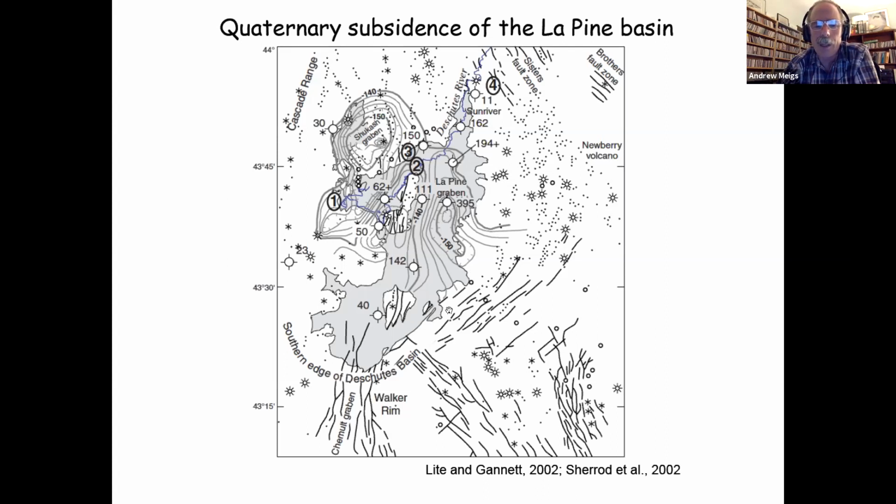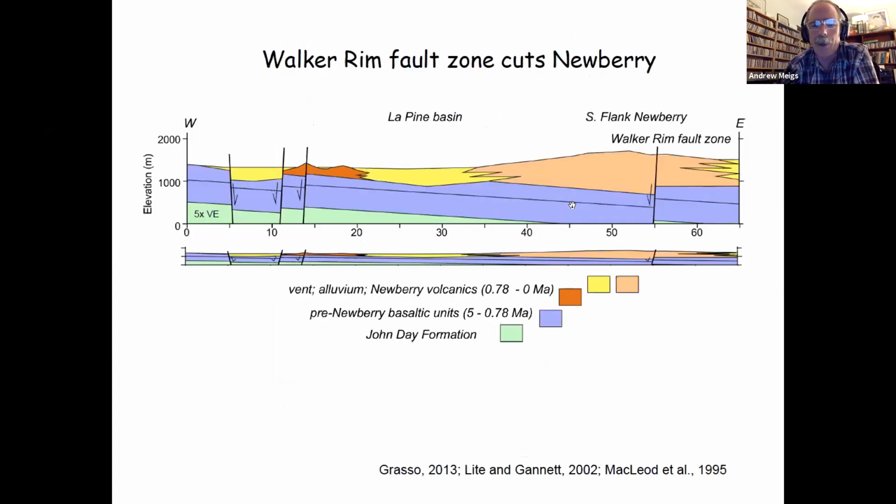And so there's very good evidence that the Walker Rim fault zone is actually bounding this fault basin. That's not particularly new, but it also means that the fault zone is projecting directly under Newberry itself, which implies that Newberry must be faulted and must be sitting astride a fairly large Basin and Range fault.